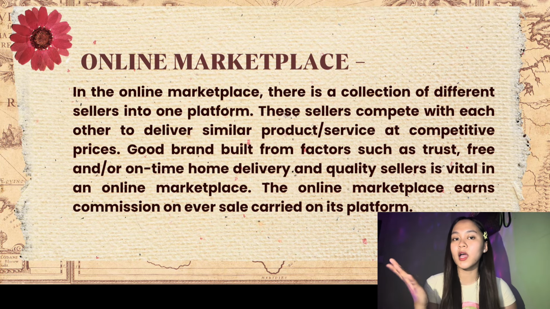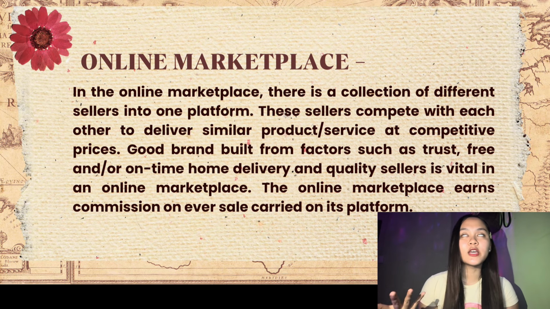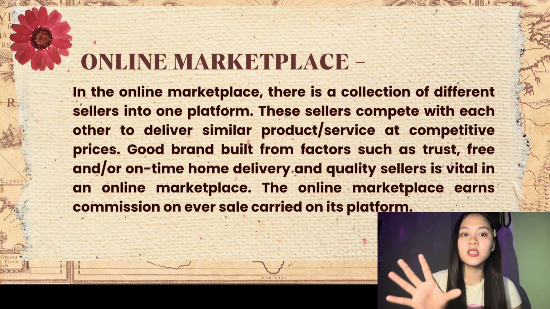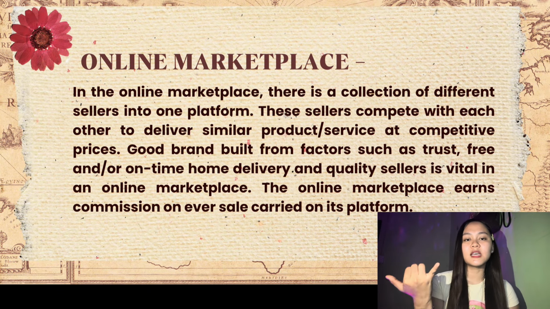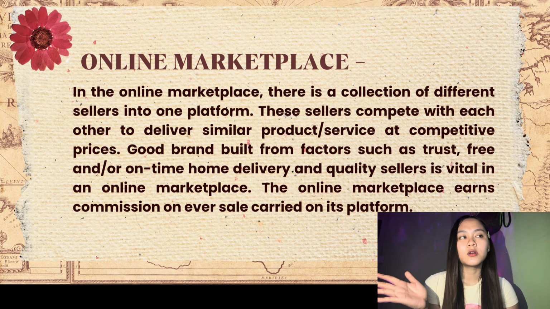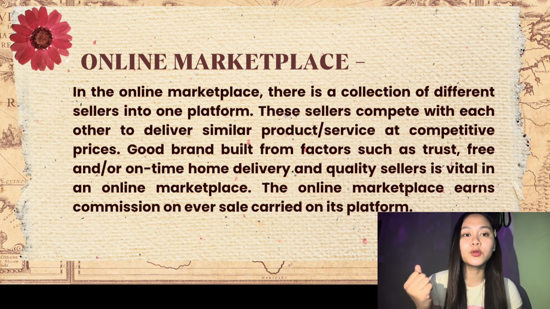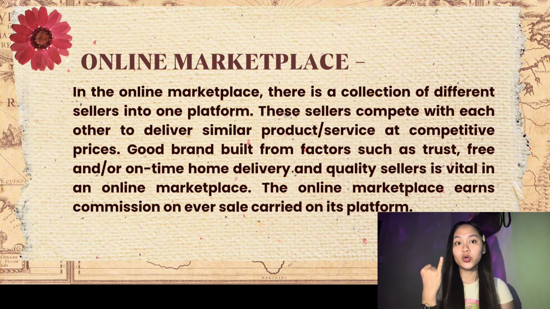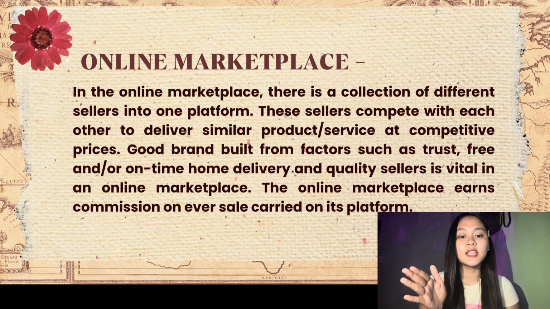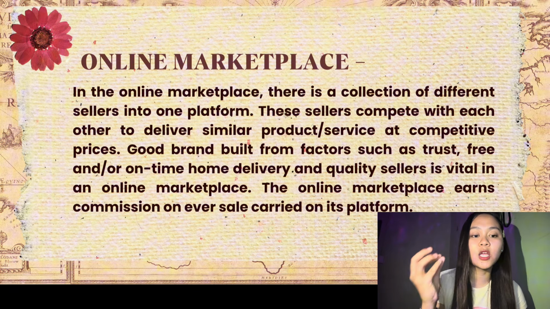So for us, for example, is Shopee. In Shopee there are many sellers with the same product but different prices, and we can choose among the goods. And then basically the online marketplace is multiple sellers in one platform.